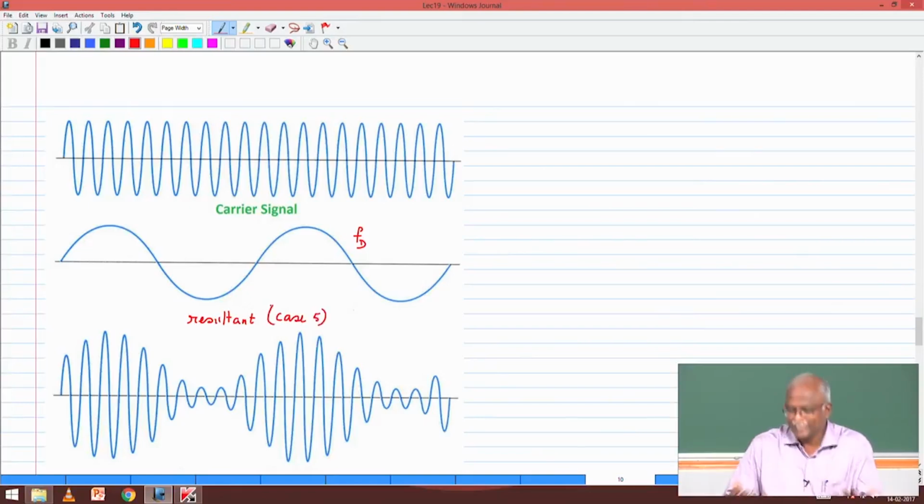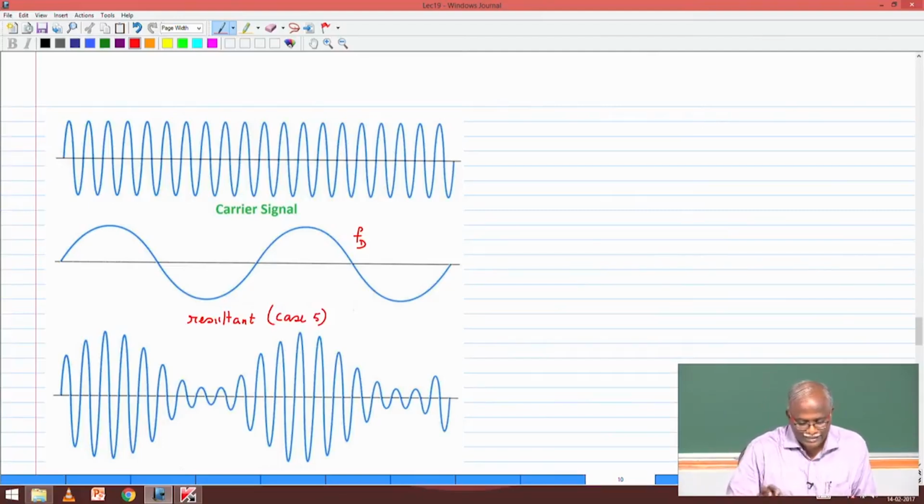But in general, what it shows is if you have multipath components in the presence of Doppler shifts, what is going to happen is your sinusoid at a carrier frequency now gets modulated. So that means your electric field is no longer a constant magnitude signal. It is something where the magnitude is going up and down. And how fast is it going up and down? Doppler frequency. The faster you go, the faster this is going to oscillate.